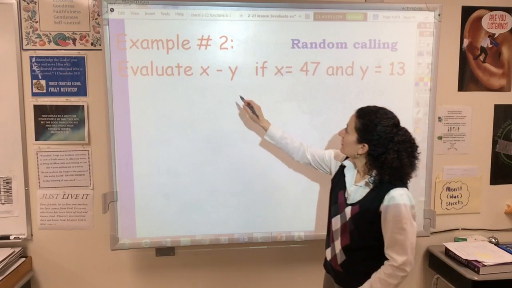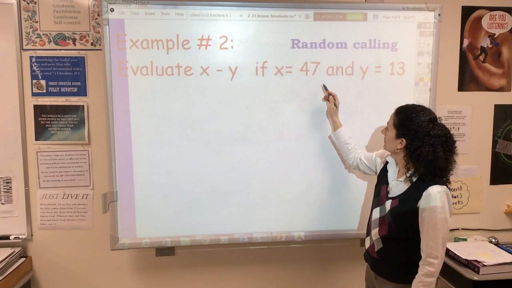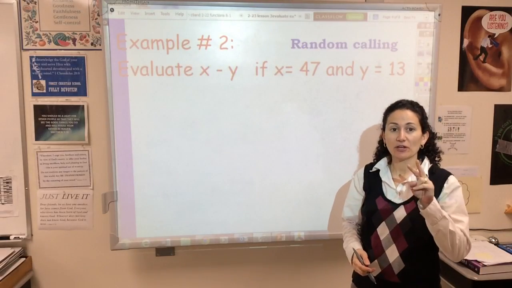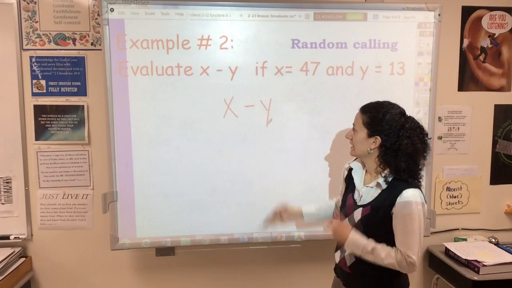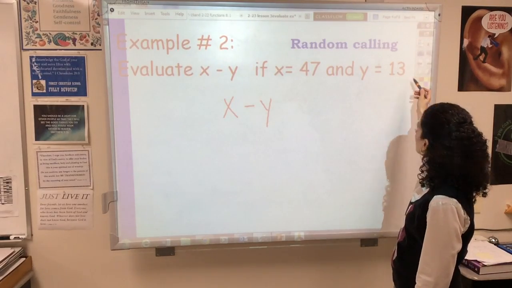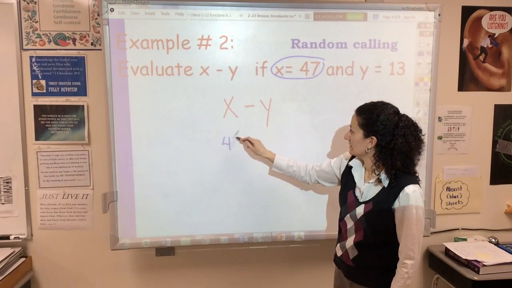Here we have x minus y if x equals 47 and y equals 13. In this expression, I have two variables, x and y. I'm going to use the same process. I'm going to take what they tell me x is, and substitute it for x, 47.